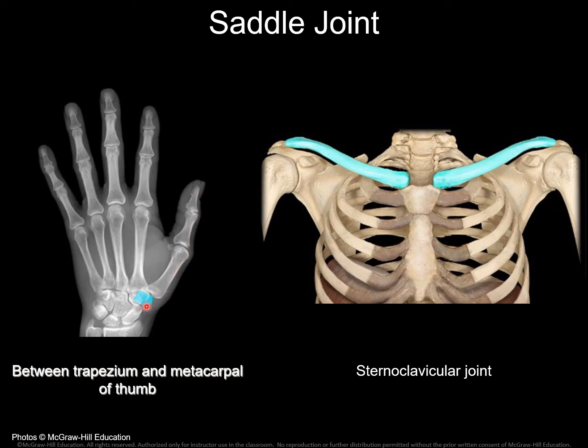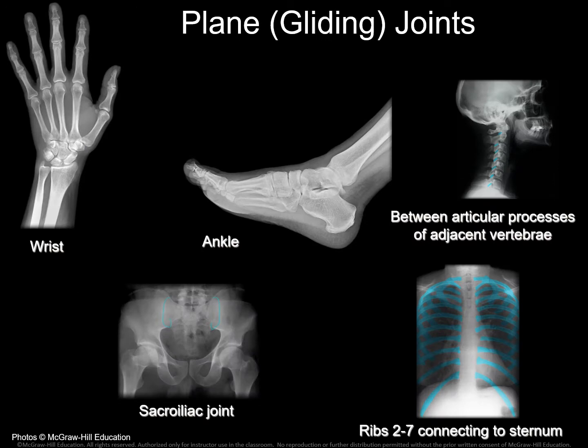Right here, that's a saddle joint. Sternoclavicular: you can see how the clavicle sits in the sternoclavicular notch, kind of like a saddle. So these are two examples of a saddle joint.